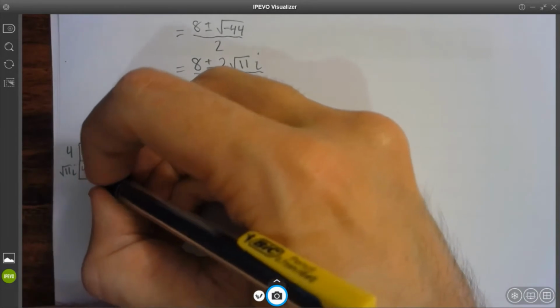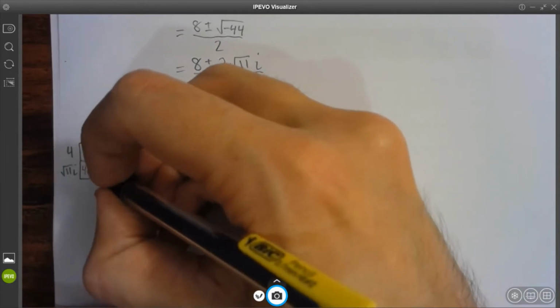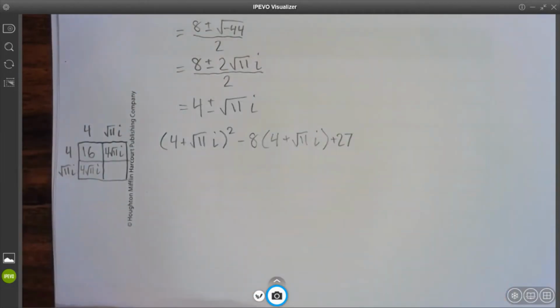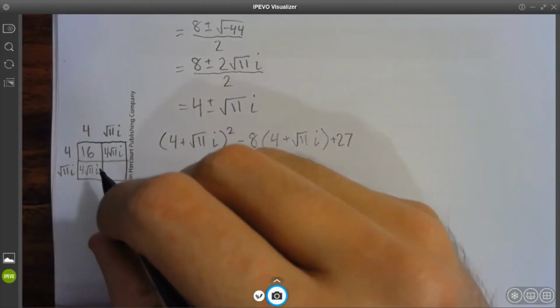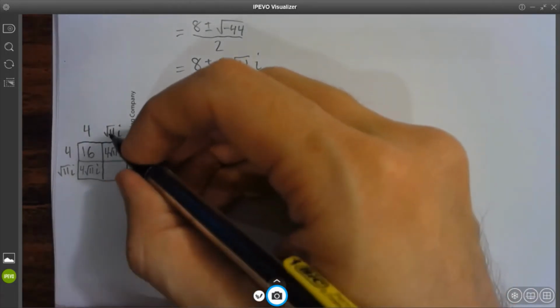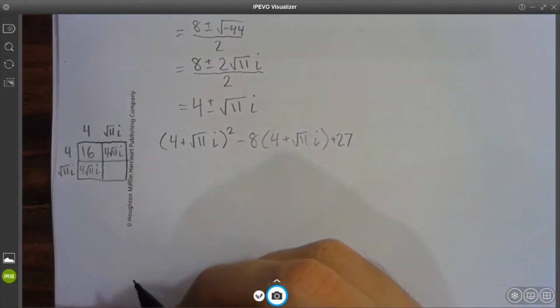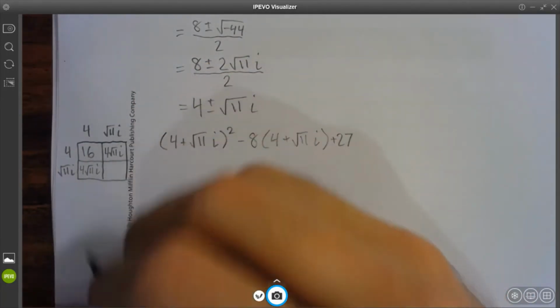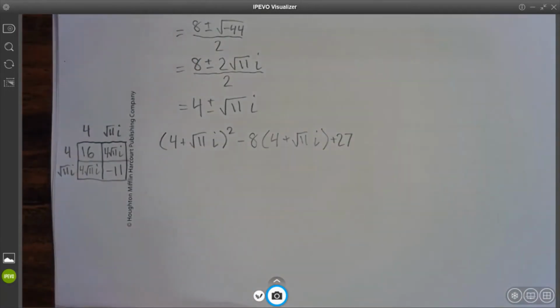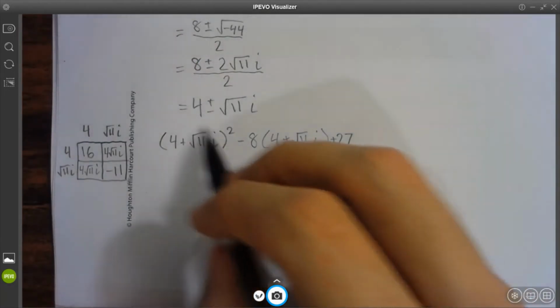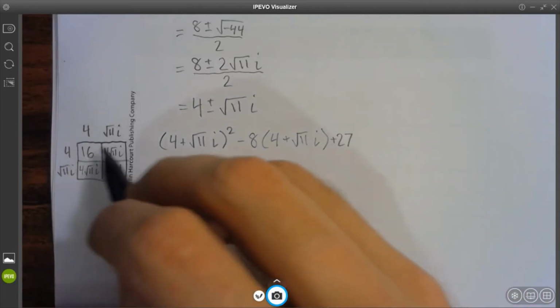Same thing over here. 4 root 11i. If you need to see it, get a microphone. What? A microscope? That's what I wanted to say. Root 11 times root 11 is just 11. I times I is negative 1, so this will be negative 11. Cool. Okay, so we've simplified this into this stuff.